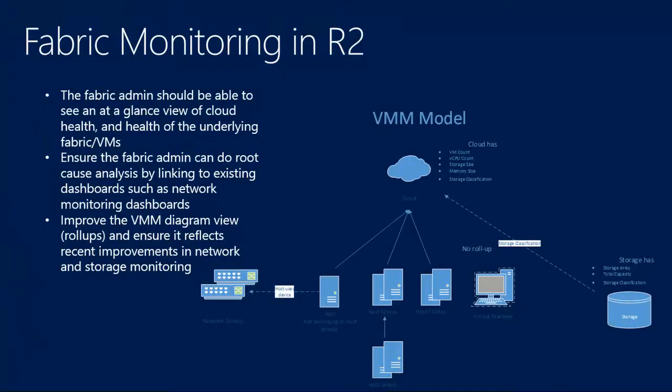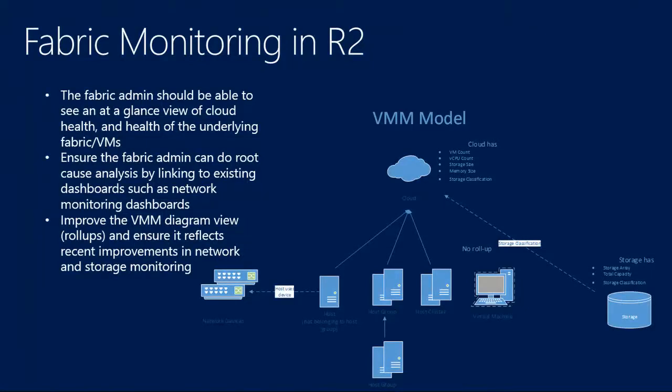And so maybe a tenant is assigned one of these clouds, and you can see the health of that specific cloud and the underpinning, and in context, see what part of your physical infrastructure is underpinning that and what the health of those things are.